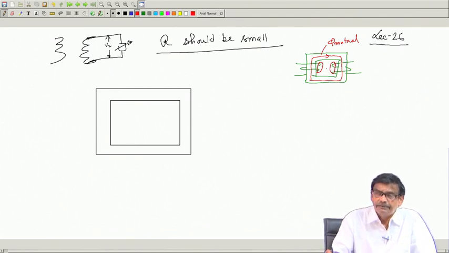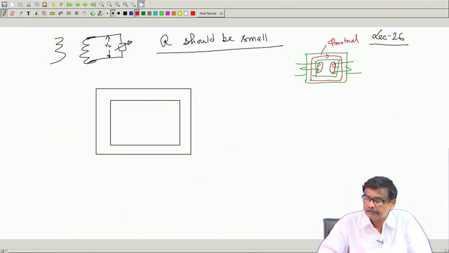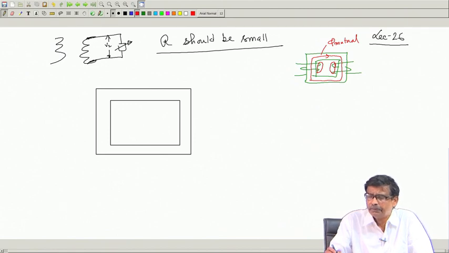So, these leakage fluxes will not contribute to the energy transfer from primary to secondary, except that they will cause some extra voltage drop, as voltage drop takes place in the resistance. So, it was represented by leakage reactance.